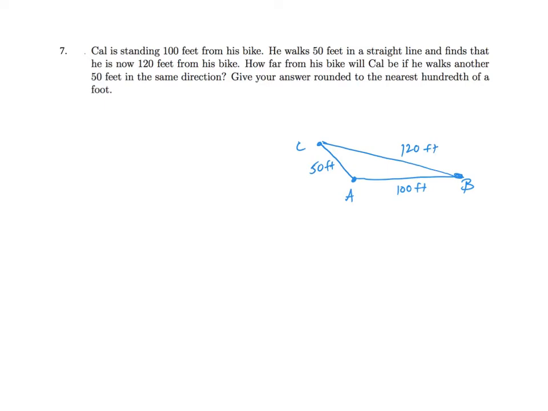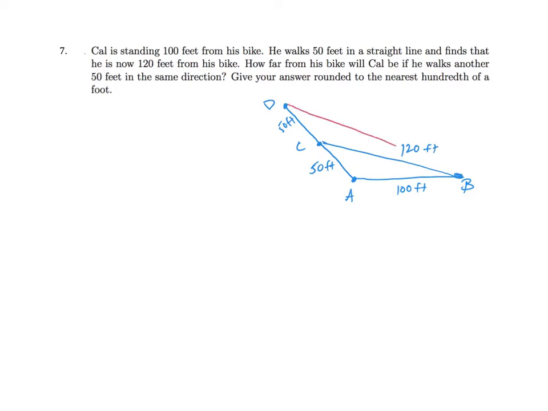And then we're told that Cal walks 50 feet in the same direction. So I'm going to continue along the same path that he was on before for another 50 feet. I'm going to label that point where he ends point D. And we're asked to find out how far Cal will be from his bike after he walks an extra 50 feet. So that distance is BD.